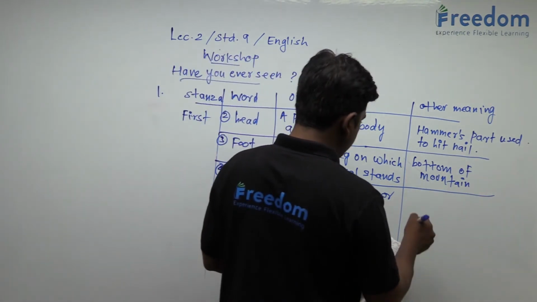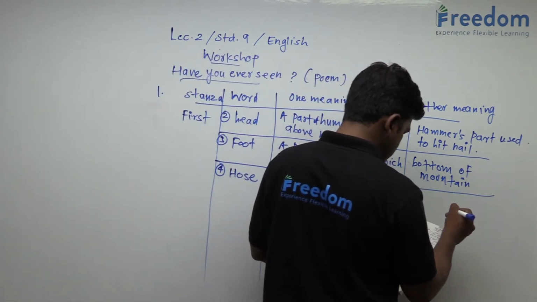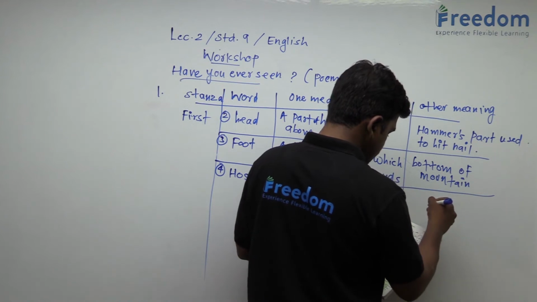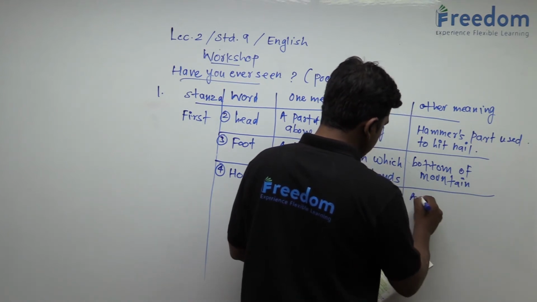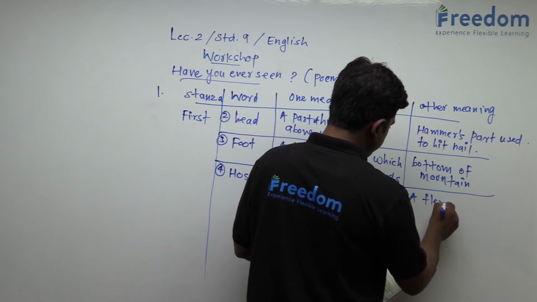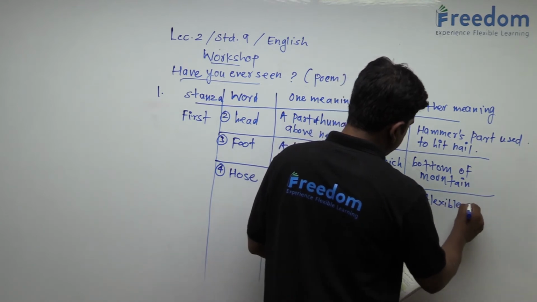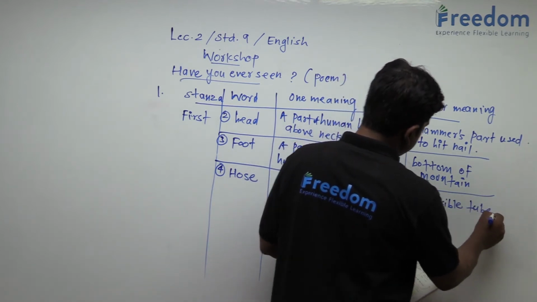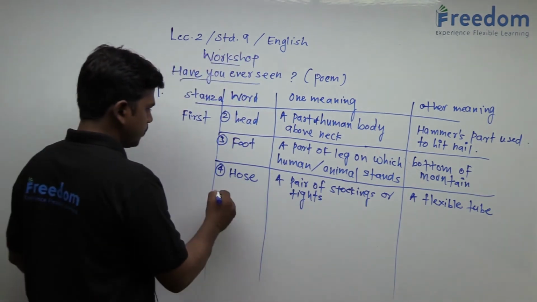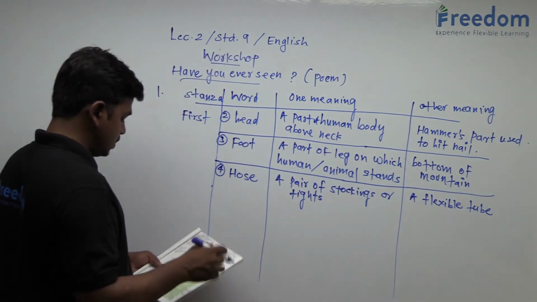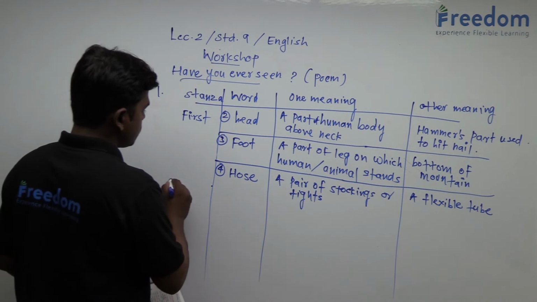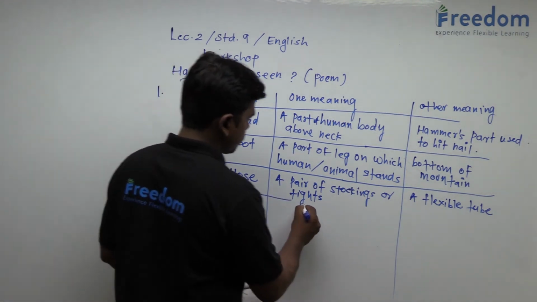Now the meaning that is used here in the poem is a flexible tube. A flexible tube, that is the meaning which is given in the poem. These are the four words that we get in stanza 1.